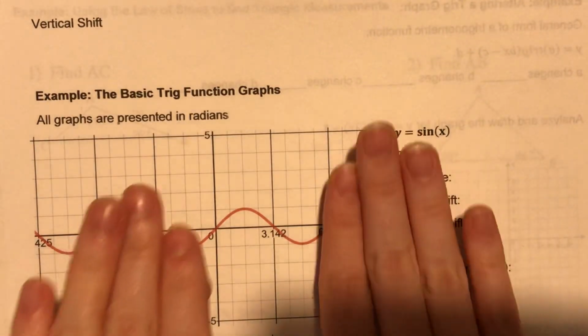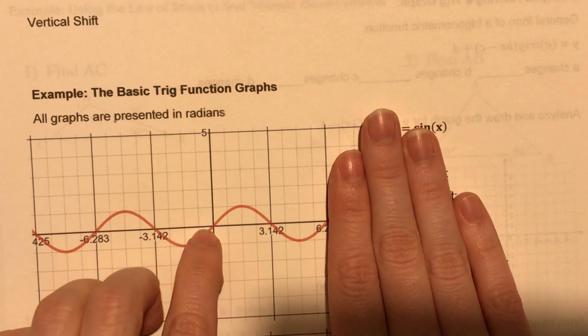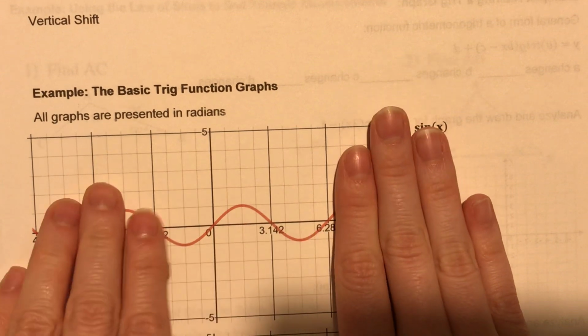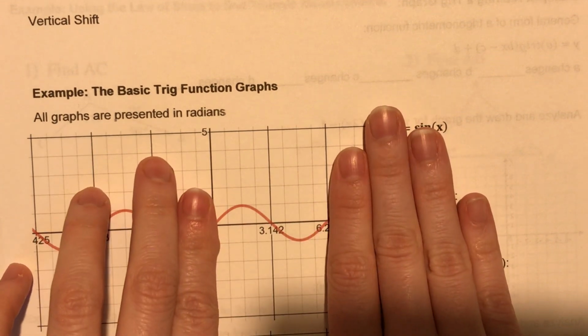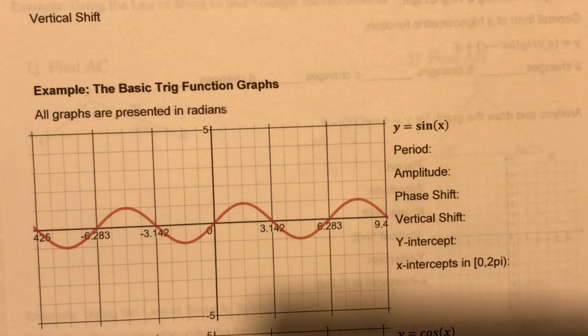So for example, if you look down here, the period of this function would be the distance on the x-axis. It starts at 0 and goes to 6.28, that's the same as 2 pi. So it starts at 0 and goes to 2 pi. That means that this graph has a period of 2 pi. That cycle is 2 pi units long.